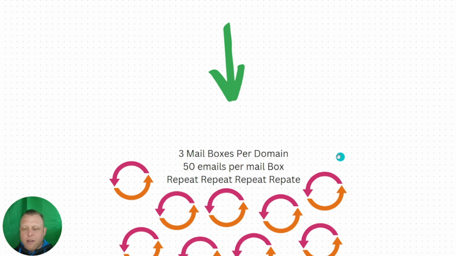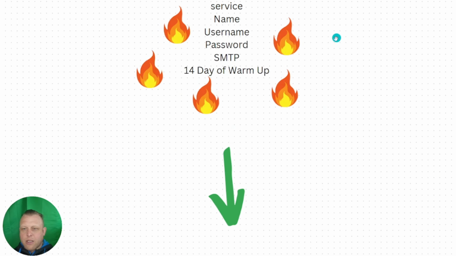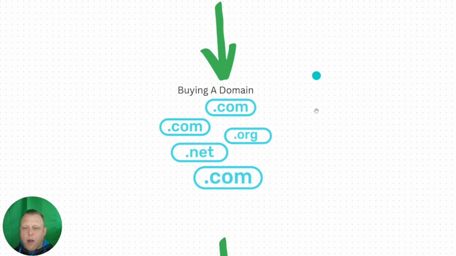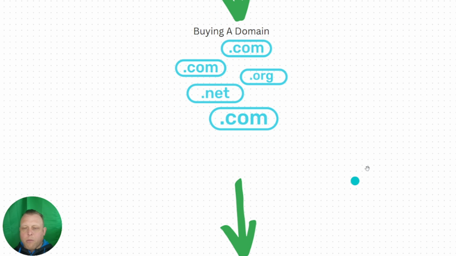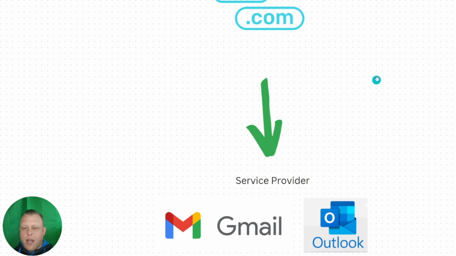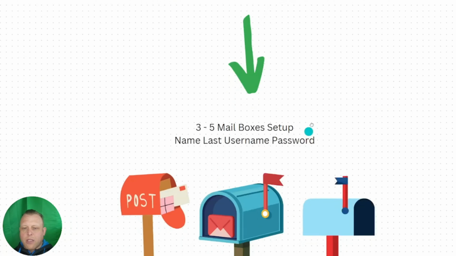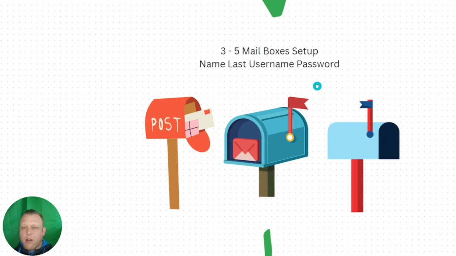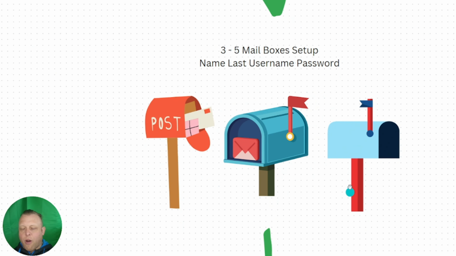Now, just imagine if you want to build a system around this, where you need to start from the top, buy a domain, times however many emails you want to send out, set up the mailboxes. Remember, we want to send 2,000 emails a day, so every mailbox can only send 50 if you're going to set up 3 to 5.